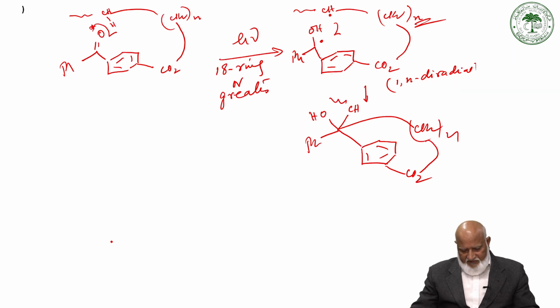Even if the benzene ring is properly substituted with a long chain system, the carbon at the para position of the benzene ring may abstract a hydrogen atom from the long side chain. It should be quite long, and it has been found that an 18-membered ring system or even greater may undergo this type of reaction to generate a 1,n diradical. The n is the number of CH2 groups which cyclizes.